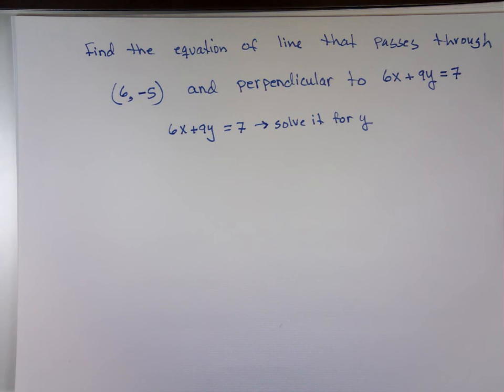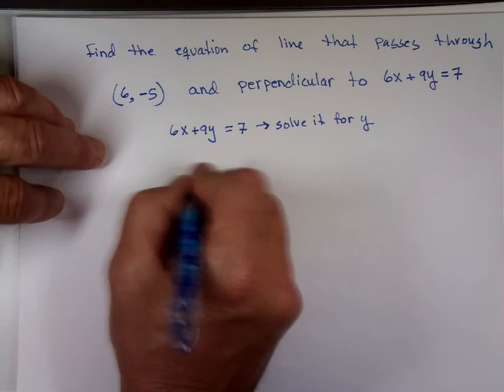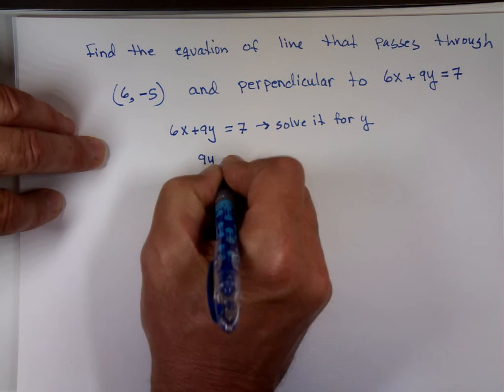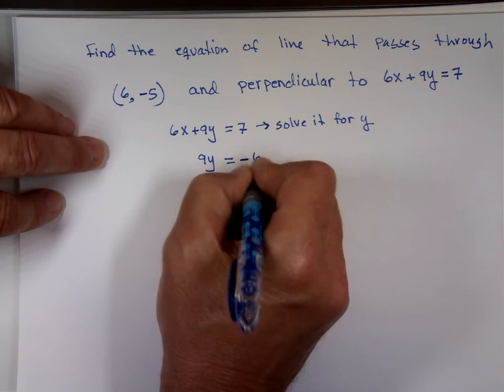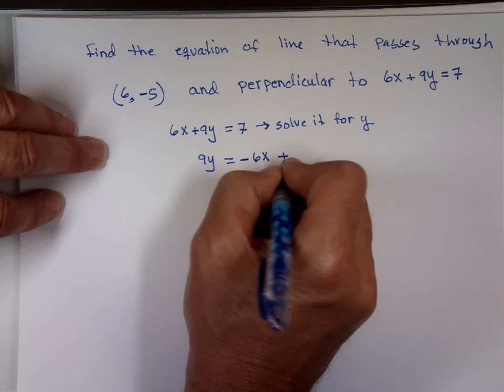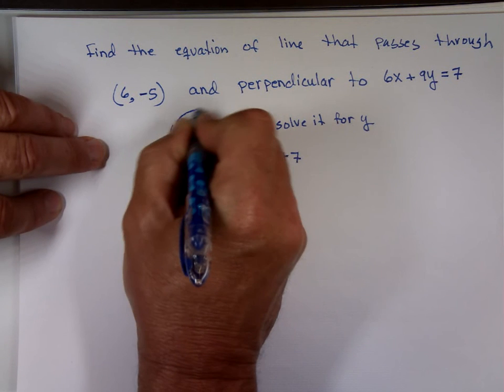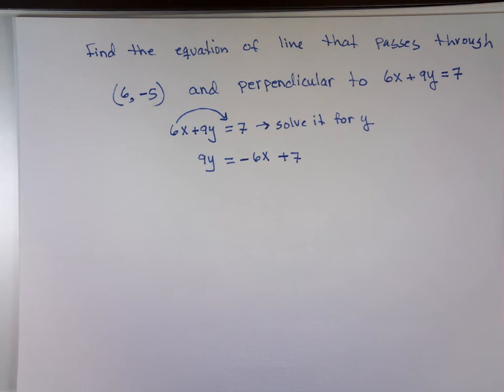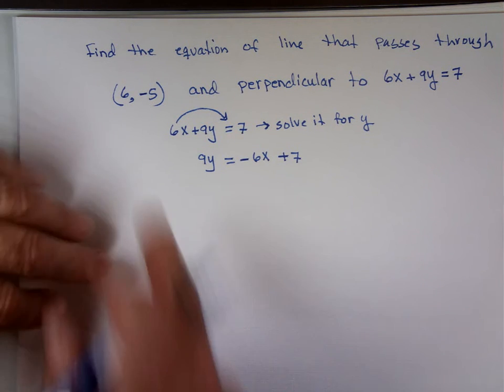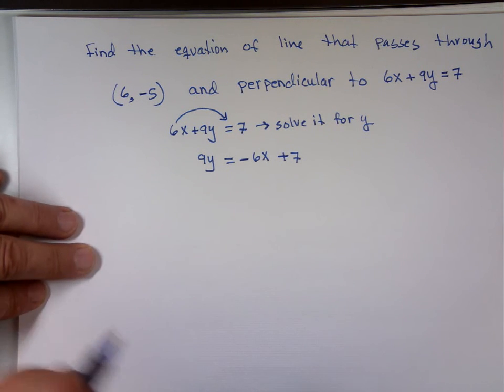So 9y equals negative 6x plus 7. All I did was take the 6x to this side. Usually I have a habit of saying change side, change sign. When I move things from one side to another, I change the sign. That's a quick way of doing it. And now to solve for y, you got to divide everything by 9.